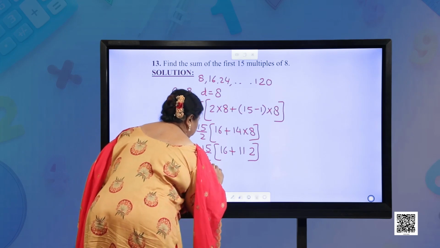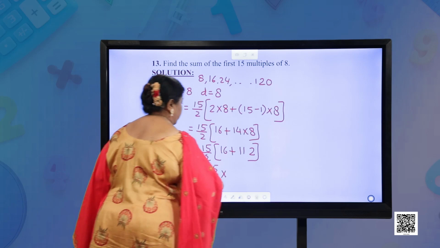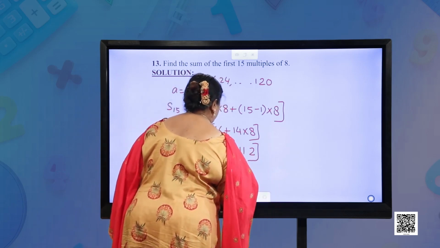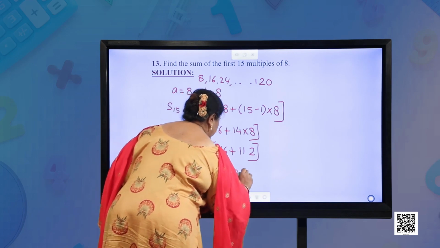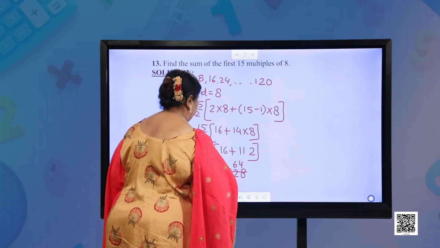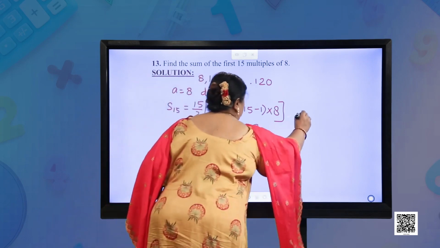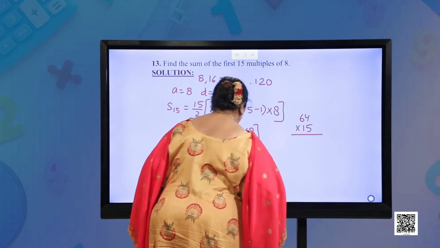So, you get 15 upon 2 into 128. That gives us 64. Let us multiply 64 with 15, that will give us the answer.